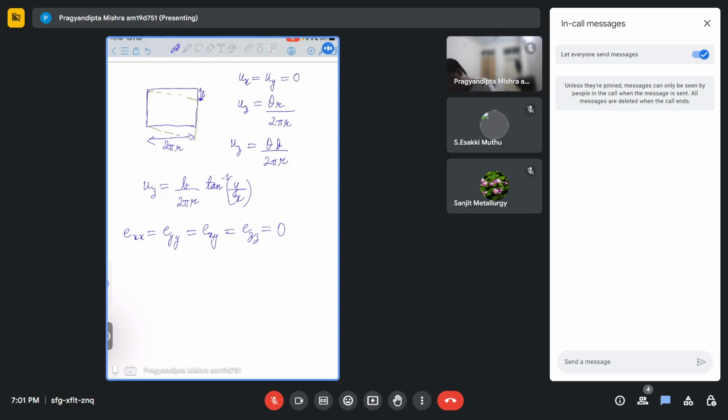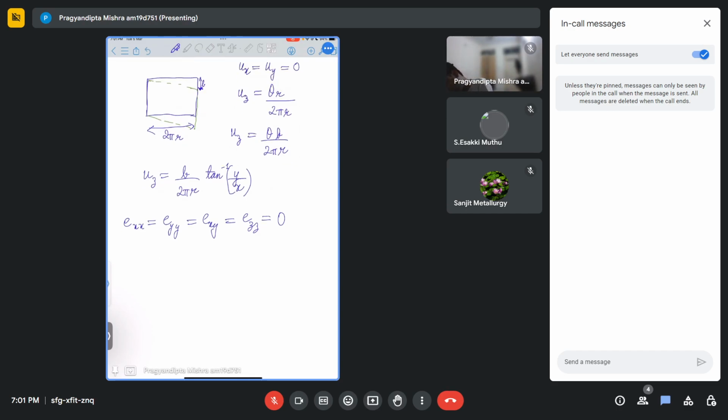The only strain remaining will be equal to half of du x by dz plus du z by dx. This is from the basics of strain that we have learned till now. Now du x by dz is 0, of course, because ux is 0. So the only thing we are left with is half of du z by dx.